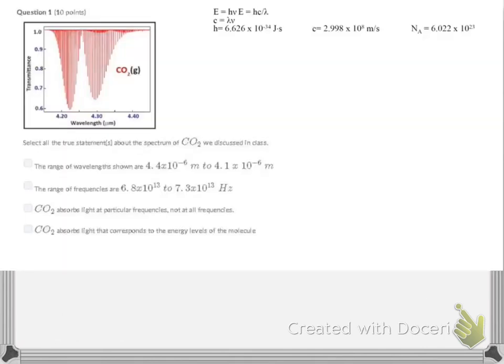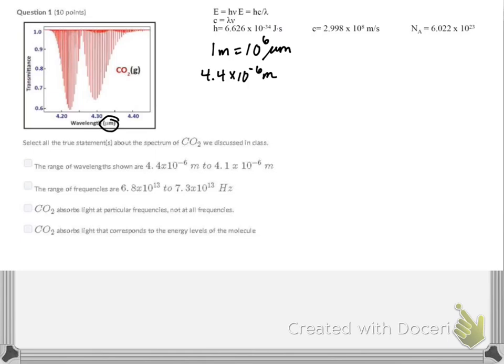All right, so this particular problem was also worked out in class through an activity. And so here we have several statements about CO2, and then we want to investigate their validity. So first, the wavelength is given in microns, and so 1 meter is 10 to the 6 micrometers.